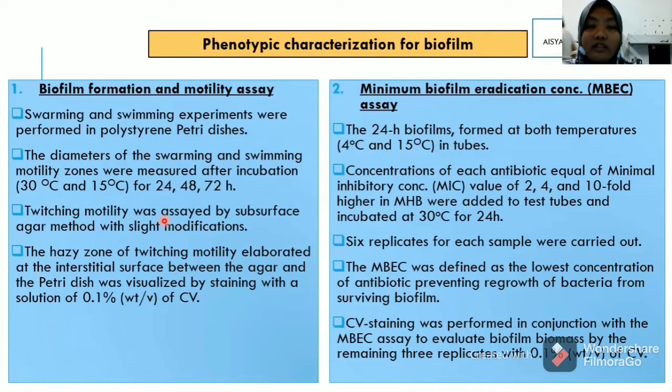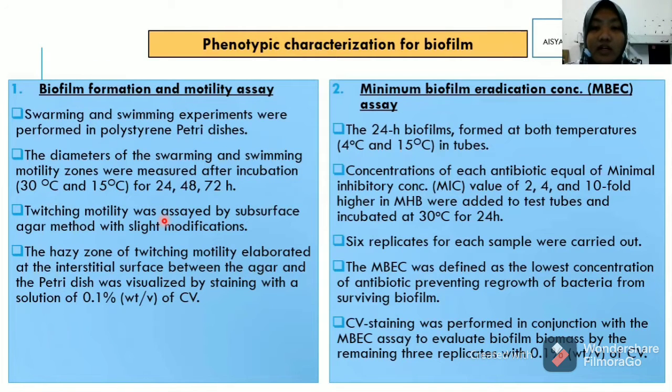The second technique is minimum biofilm eradication concentration assay. The 24-hour biofilms formed at both temperatures, which is 4 degrees Celsius and 15 degrees Celsius, in tubes. The concentration of each antibiotic equal to the minimal inhibitory concentration value, and 2-, 4-, and 10-fold higher in MH broth, were added to the test tube and incubated at 30 degrees Celsius for 24 hours.